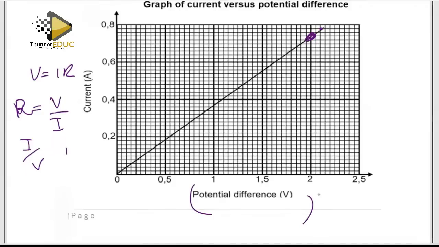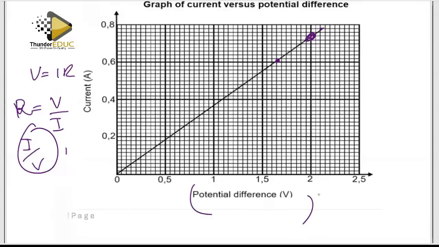So let me start with the current over the potential difference. Which one can I use? Let me use this one. So if that's 1,5, 1,6, 1,7, this is 1,8.